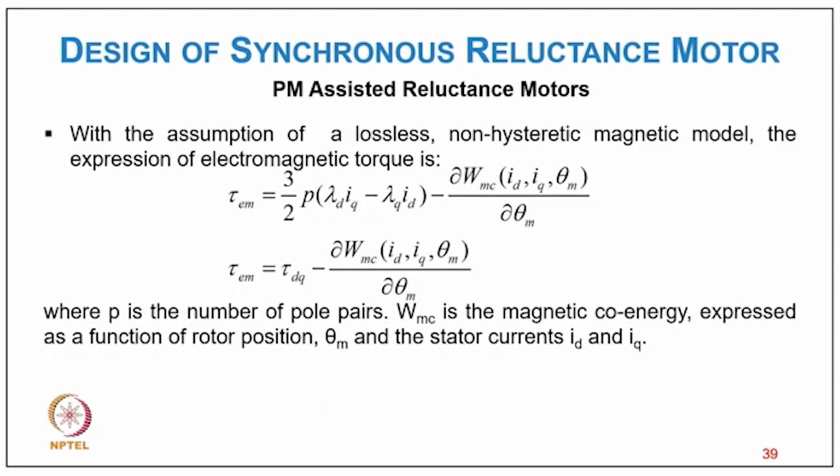So now coming to the assumptions of a lossless non-hysteretic magnetic motor, the expression of electromagnetic torque is Tm equal to 3 by 2 p in bracket lambda d iq minus lambda q id, minus delta Wmc as a function of id, iq, theta upon delta theta, or Tm equal to Tq minus delta Wmc as a function of id, iq, theta m upon delta theta m, where p is the number of pole pairs and Wmc is the magnetic energy expressed as a function of rotor position, and theta m is the stator current position and stator current id iq.